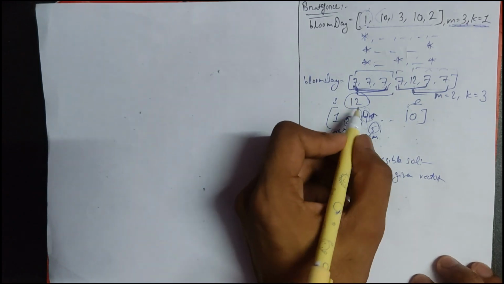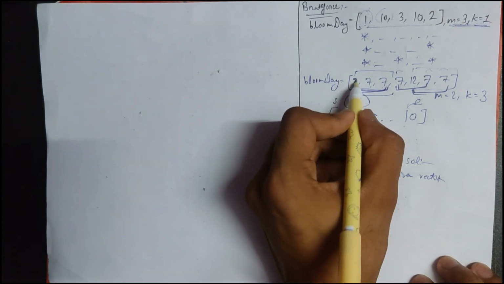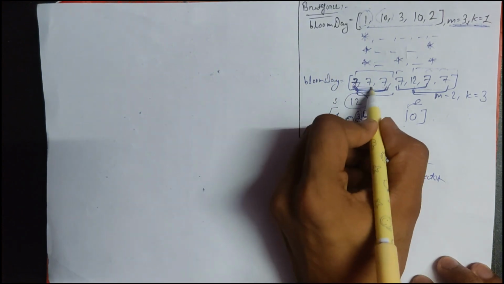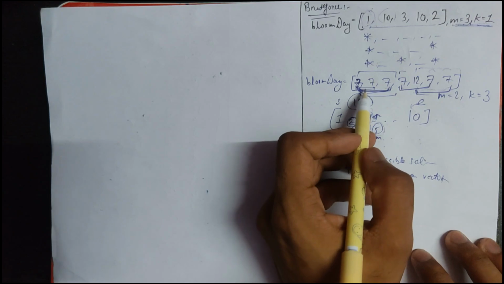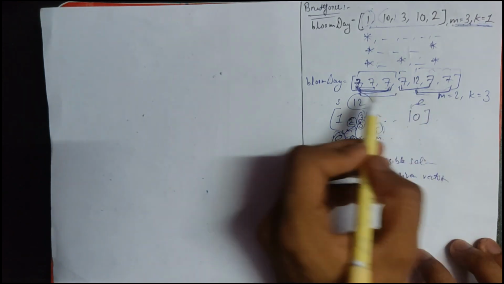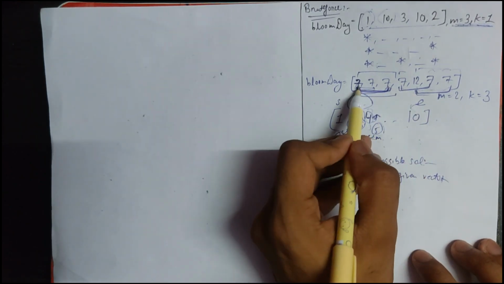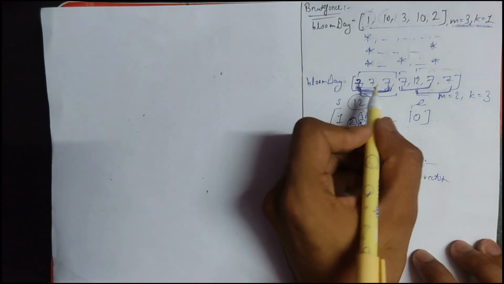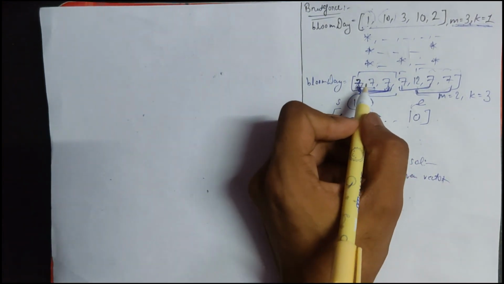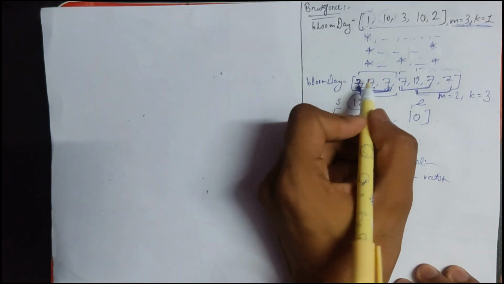If this value is less than or equal to mid, we can take it, and we will increment our pointer and increment the value of count. And at any point if count equals k, we know that we can form a group. So we will increment our bouquet count.